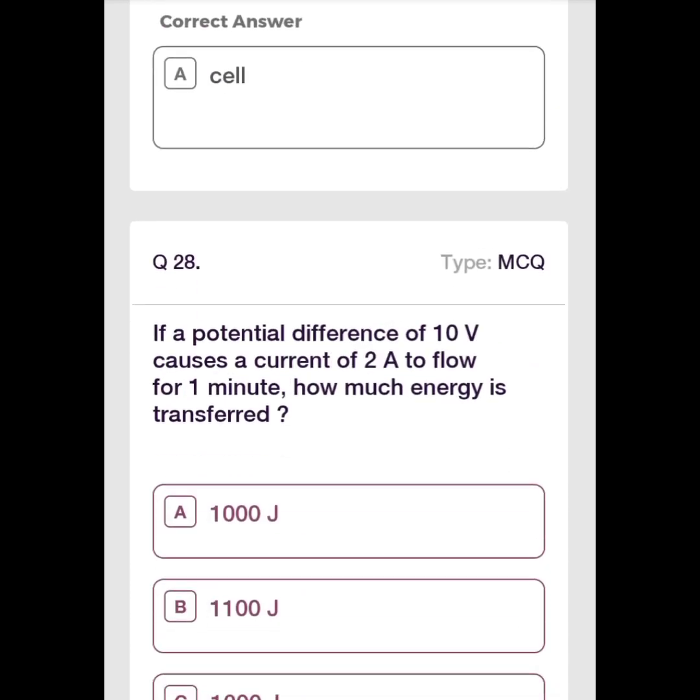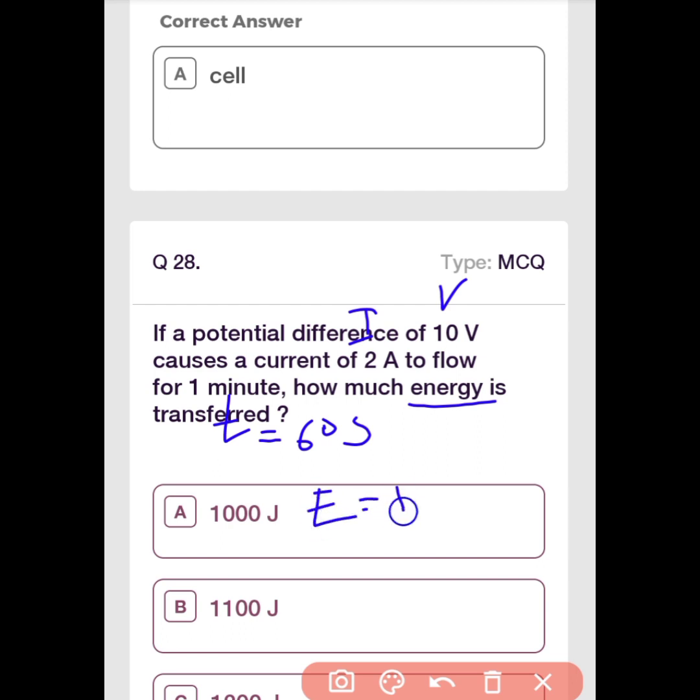Okay. If a potential difference of 10 volt causes a current of 2 amps to flow for 1 minute, how much energy is transferred? So here voltage is given, current is given, and time is given as 1 minute. 1 minute is equal to 60 seconds. Fine. And we need to find energy. What is the formula to find energy? Energy is equal to V into Q, right?